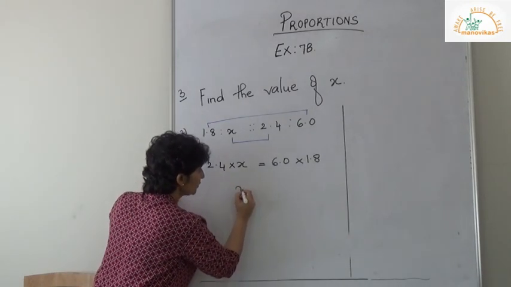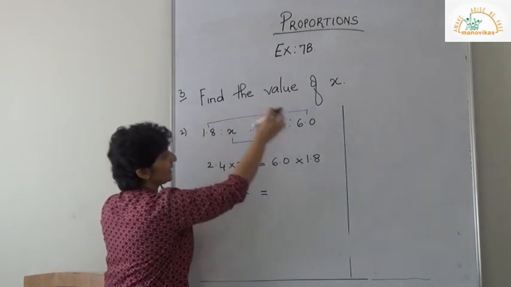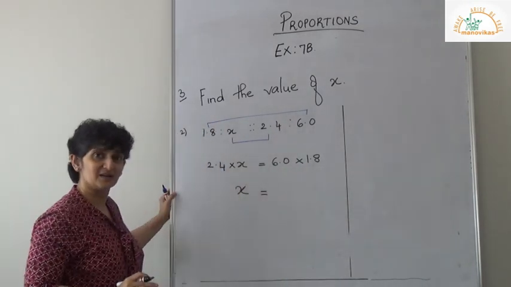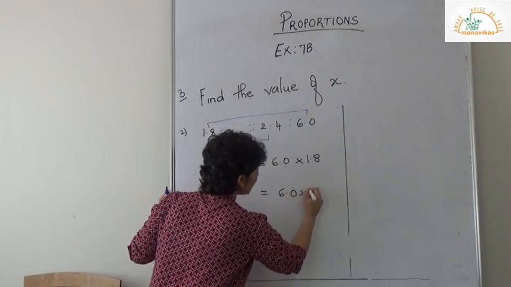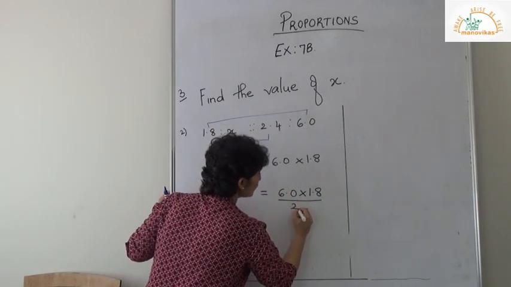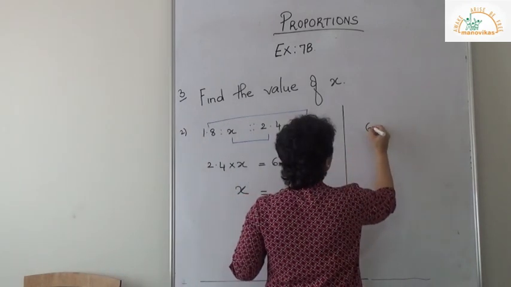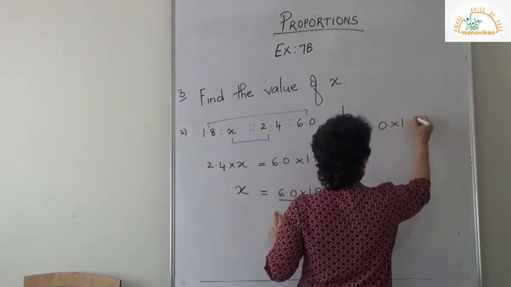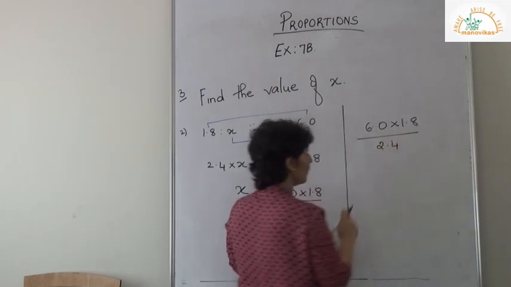Now children, you know in your algebra, when I bring this side, it becomes divide. So I will get 6.0 into 1.8 upon 2.4. Now let me write it here. 6.0 into 1.8 upon 2.4.